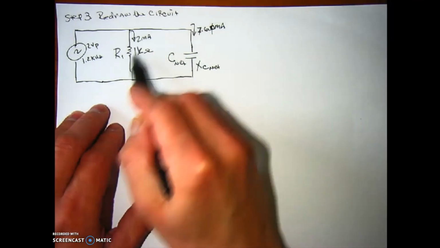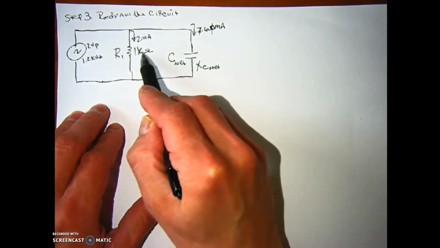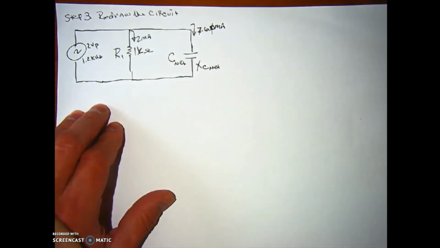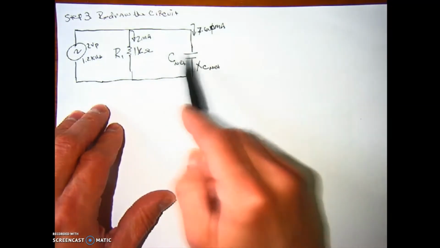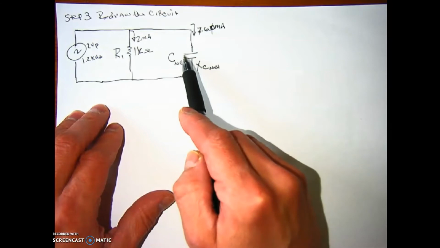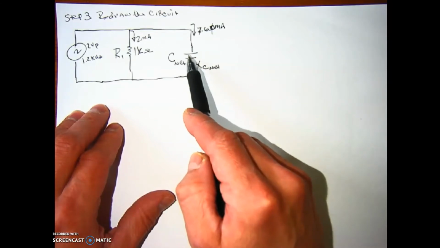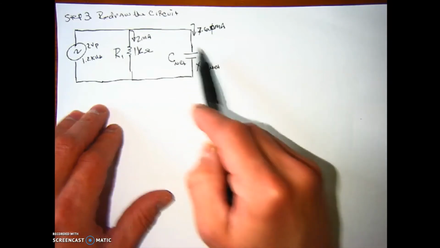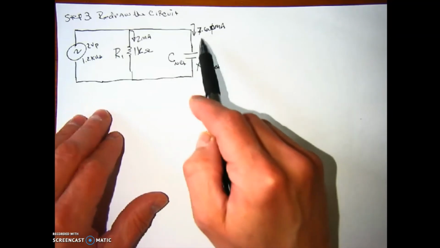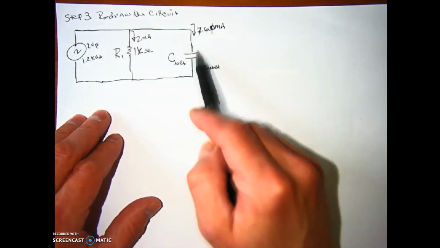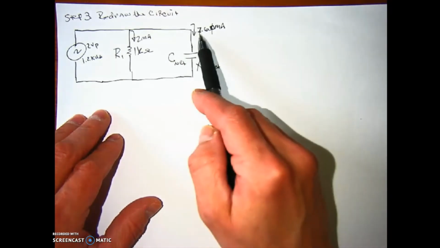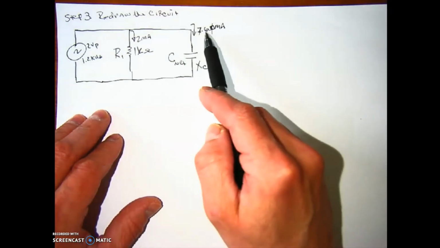We knew that the current for R1 was 2 milliamperes, based on our calculations from step 1. And then the current through the C net was solved by using the phasors and subtracting the inductor current. In this case, the circuit became capacitive, so we came up with 7.60 milliamperes.